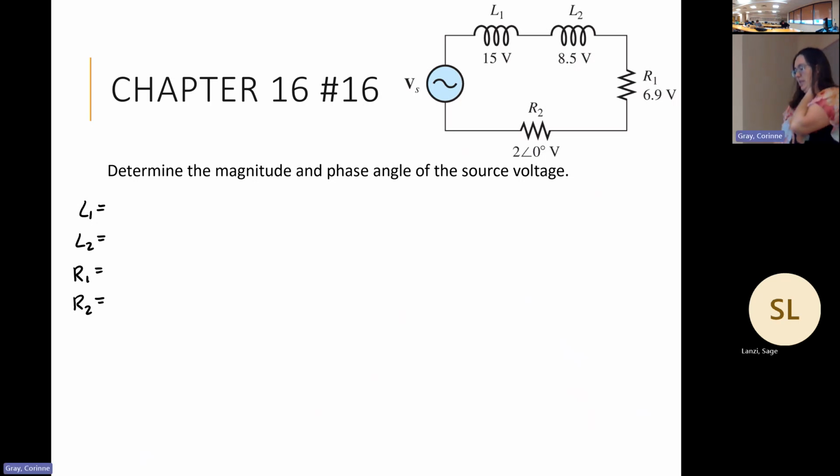So based off of the image, how should I go through and write out my voltage values for L1, L2, R1, and R2 first?